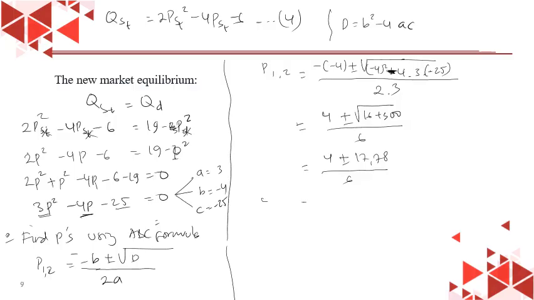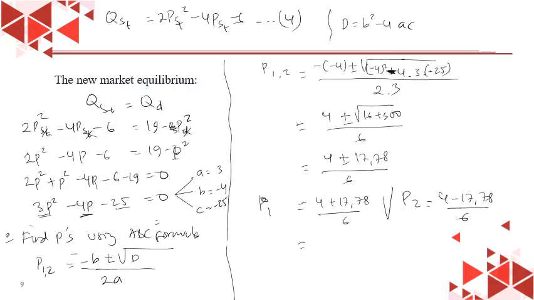So we have two roots, p1 is 4 plus 17.78 over 6, and then p2 is 4 minus 17.78 over 6.